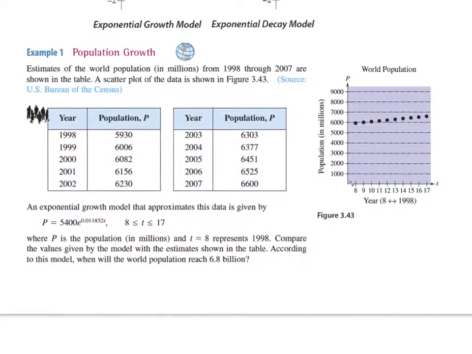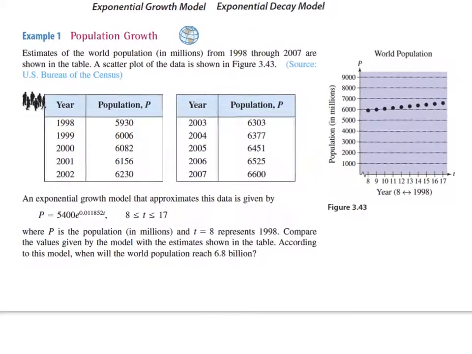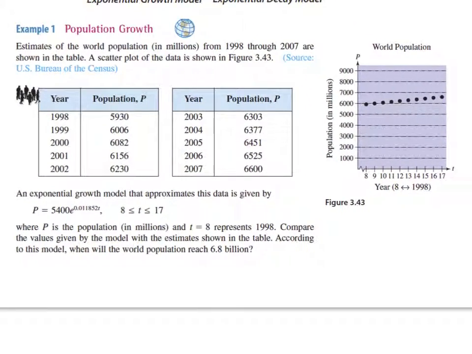Now, here's one real simple example to start with here. We have an estimate of the world population. This model here estimates the world population in millions. That's one thing that's a little bit tricky with this one. It's in millions from 1998 through 2007, okay?